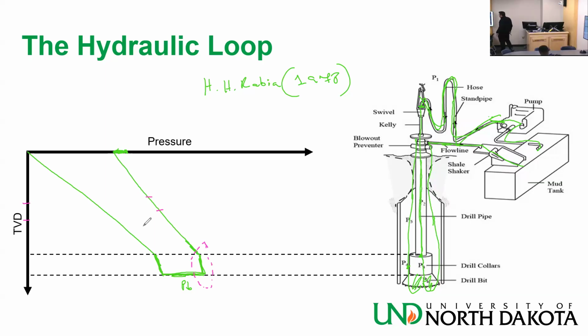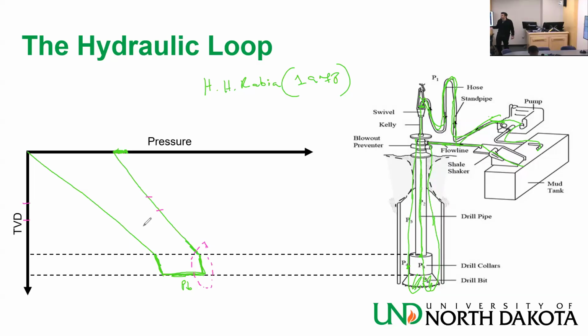Now, assume that the depth that you are gaining is fixed, per foot. This is PSI per foot. So I'm gaining 0.052 times rho mud, PSI for every foot that I'm going in, right?